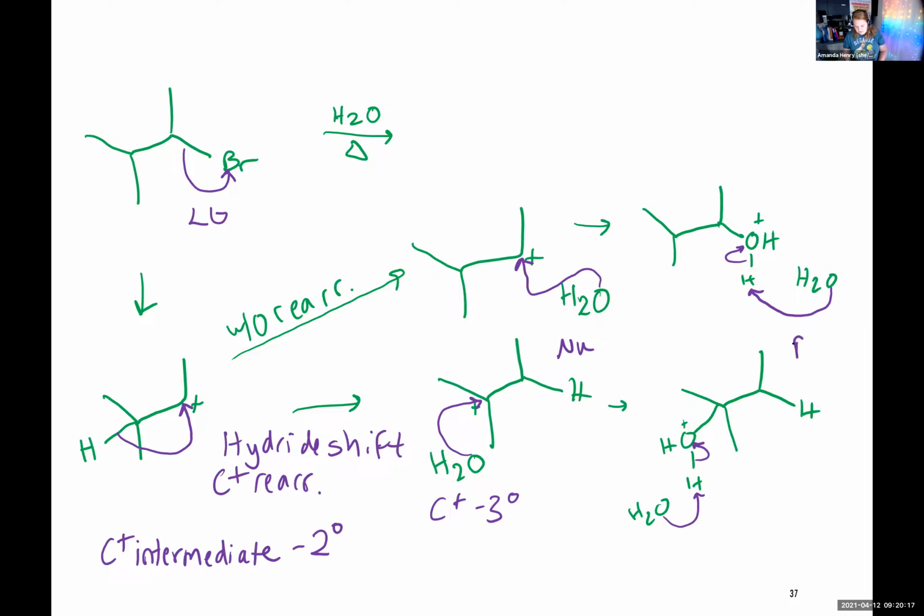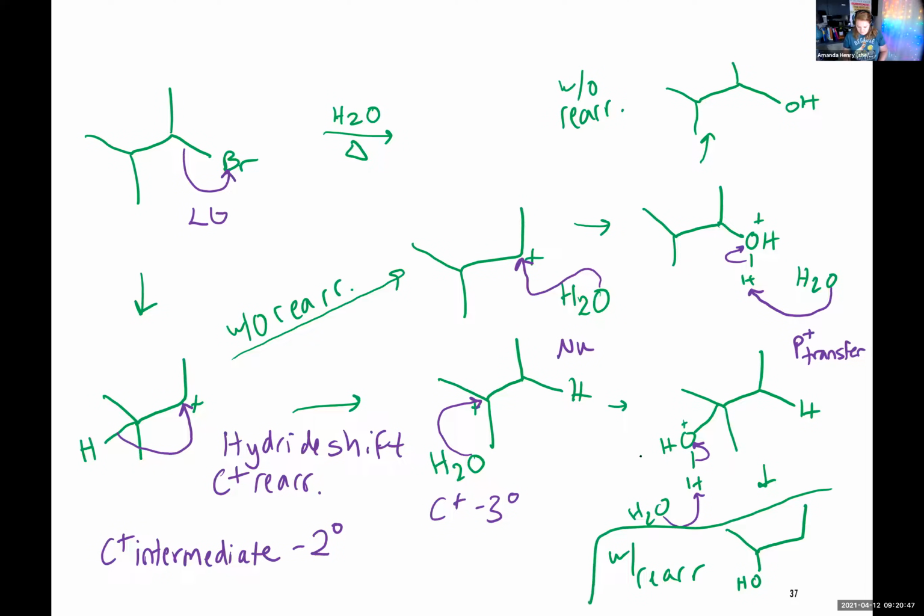So this is a proton transfer. And so those are our two products that we get. This is our product without any rearrangement, and this is our product down here with the rearrangement.